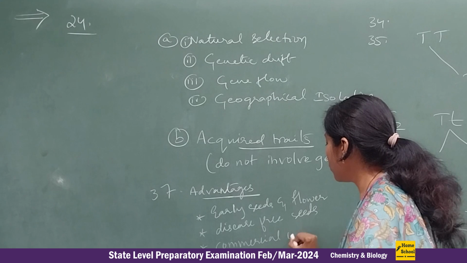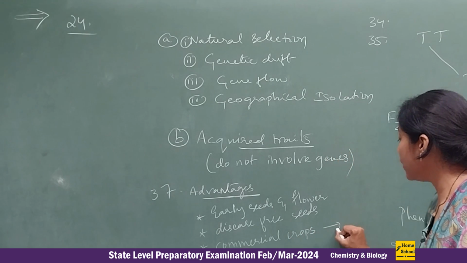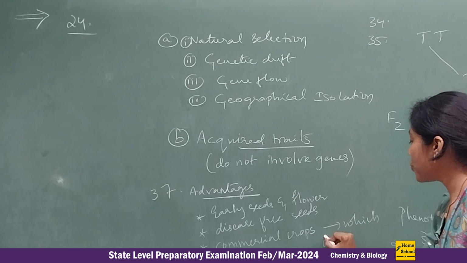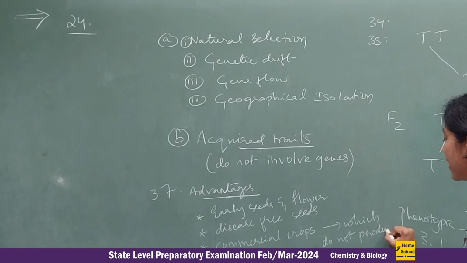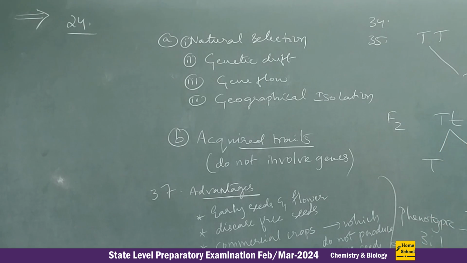Commercial crops, okay, can be grown which do not produce any seeds, like jasmine, rose and all these things. So these are the three points you can mention.